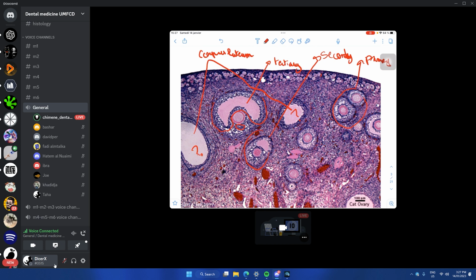It will stay for the rest of the cycle before it degenerates, before the menstruation cycle. And this corpus luteum is full of progesterone. Why? Because the follicular cells are responsible for secreting the progesterone.